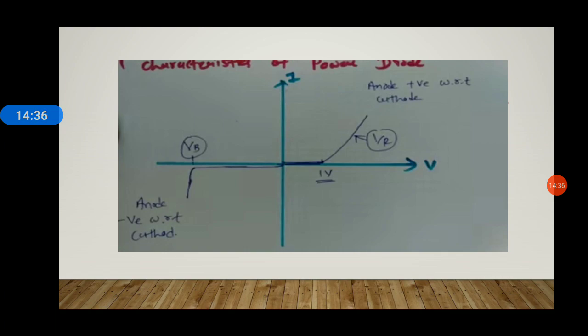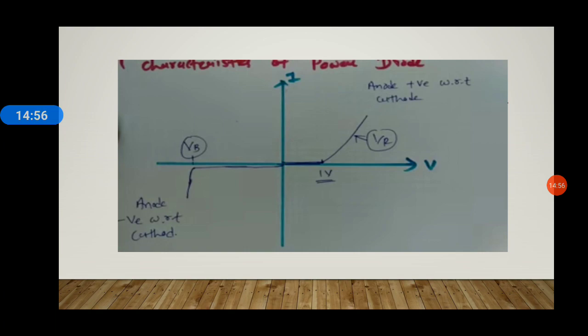In this region, the diode works with the forward characteristic, as you can see on the right hand side. If the cathode voltage is higher than the anode voltage, then the diode works in blocking mode, that is the left hand side. In this mode, the diode works according to the reverse characteristics.